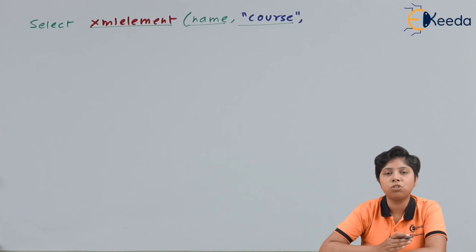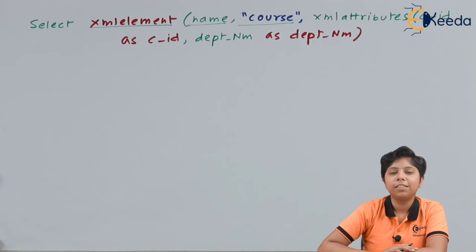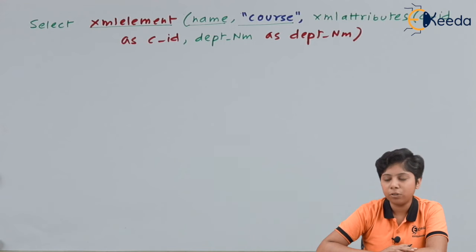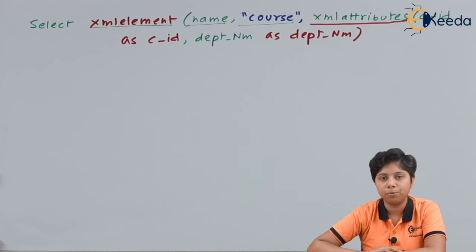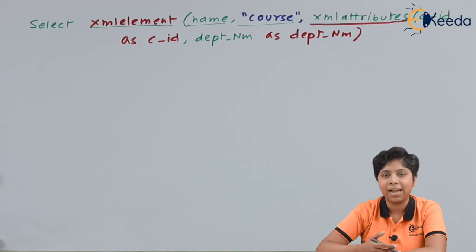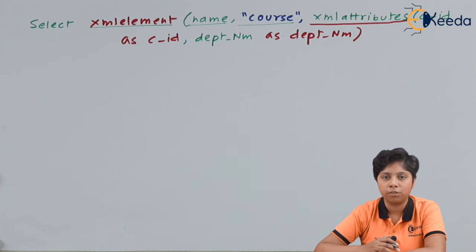So first we need to create the element, and then inside it we will create the attributes. For creating the attributes, we will refer to the XML attributes function. Now here we can see that we are using the XML attributes function to create the attributes and hence refer to the actual values that we have designed in the XML document inside the SQL.